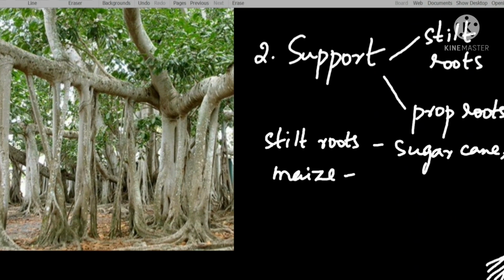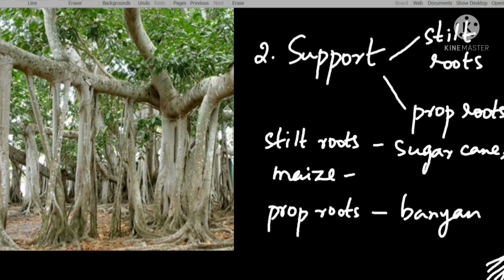These prop roots are seen in banyan tree. These roots arise from the branches, and after arising from the branches, they grow downwards directed towards the soil, and then they support the whole large banyan tree. So they are called prop roots.